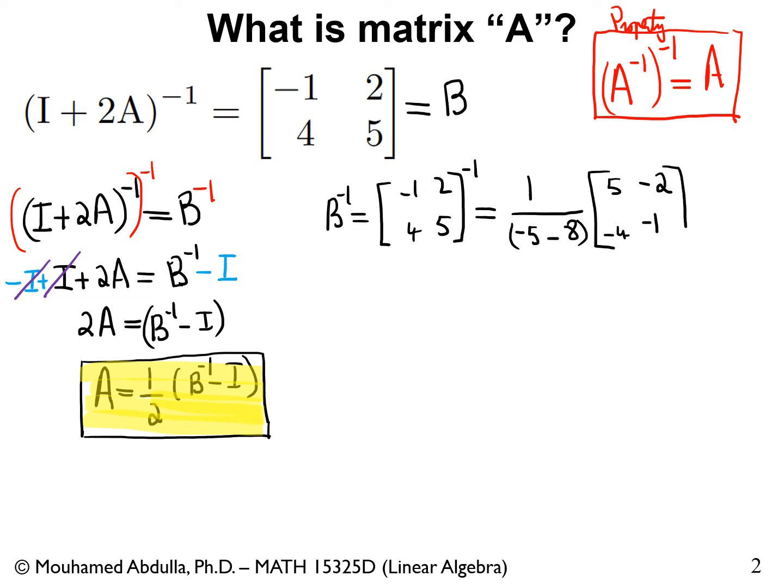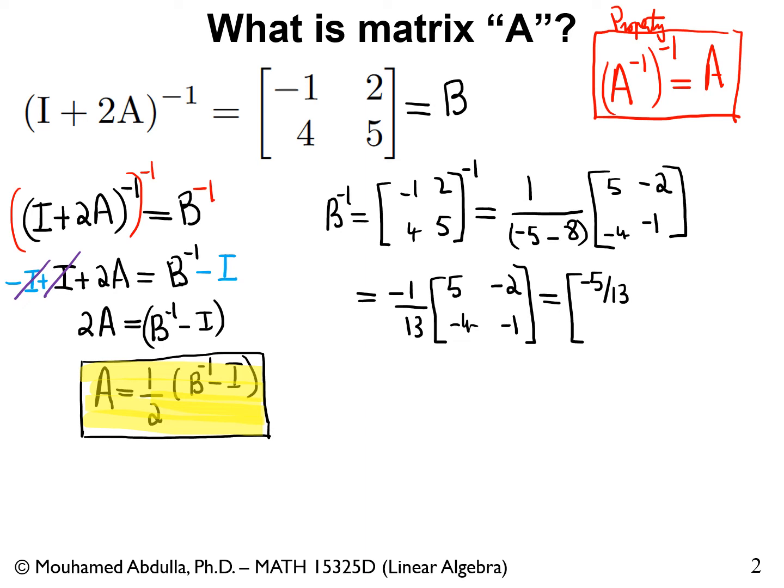And now this is what I have. I could simplify this a bit more. So we have minus 8 minus 5. So this becomes minus 13. So minus 1 over 13. And then we multiply it by 5, minus 2, minus 4 and minus 1. So let's go ahead and do this multiplication. And we get minus 5 over 13 in here.